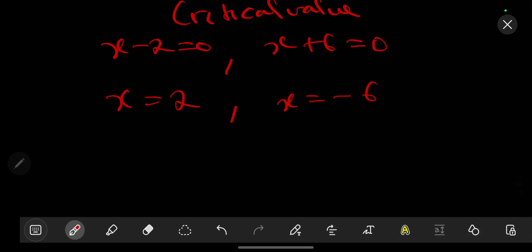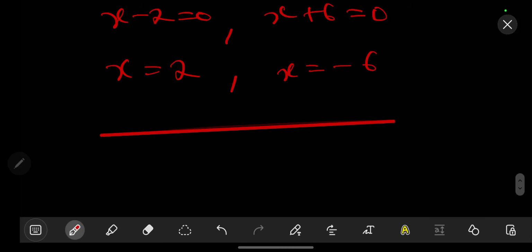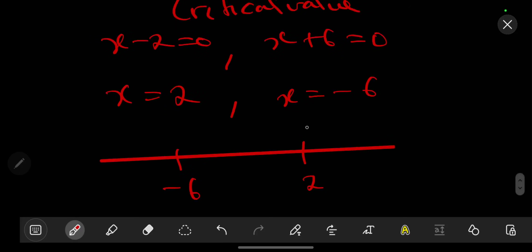With these critical values we come up with a table. We have negative 6 and positive 2, which give us values such as all the values on the left of negative 6: negative 7, negative 8, all of them are less than negative 6. Then all the values on this side are greater than 2.